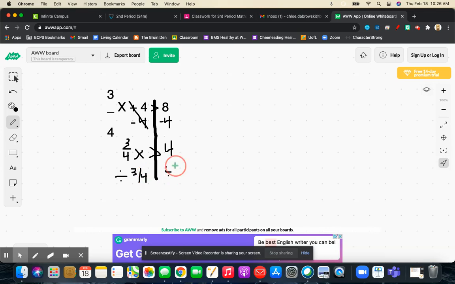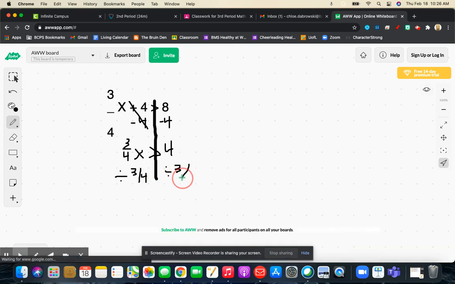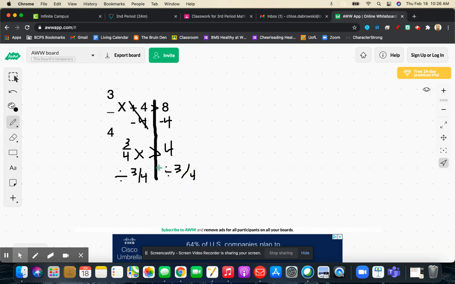Divide by 3/4. Those would cancel. We are left with x is greater than, because our sign does not change, and 4 divided by 3/4. In order to do that, 4 needs to turn into a fraction.